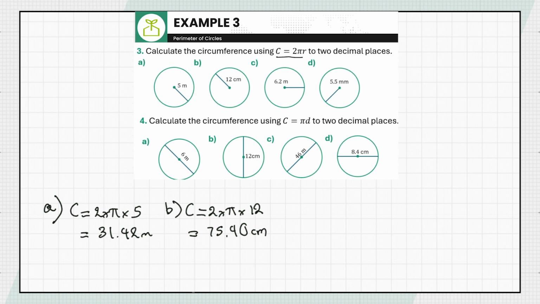Alright. Now looking at C, we have a circle with a radius of 6.2 meters, so we need to do circumference is equal to 2 multiplied by pi multiplied by our radius, 6.2. Alright, let's put that in our calculator.